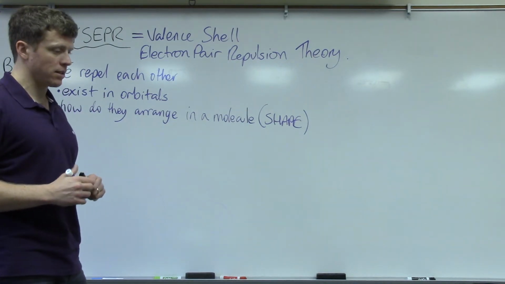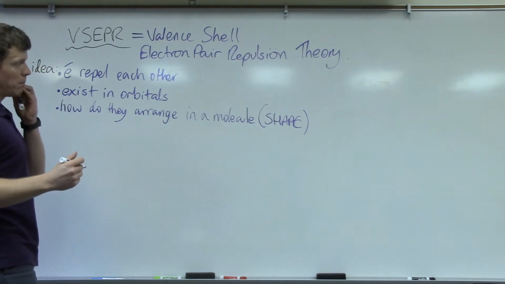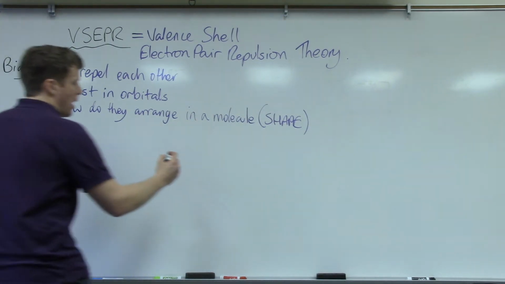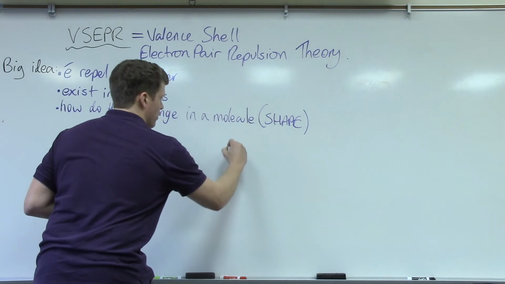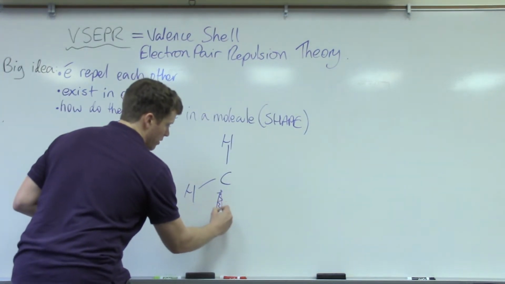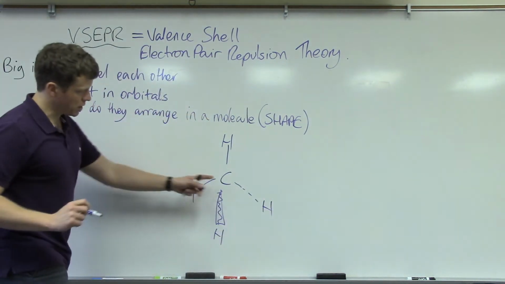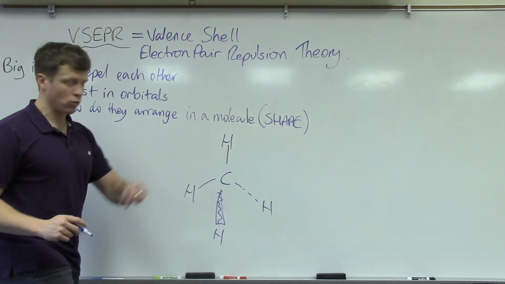Carbon usually makes the same shape, even though there are different things bonded to it, in a lot of cases, not all cases. So I'll draw methane again using this method. This bond is going back into the board, this one's coming out towards you.